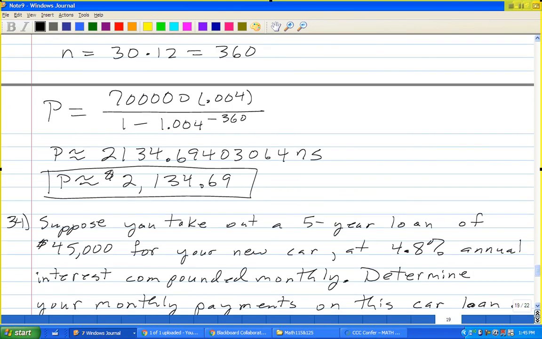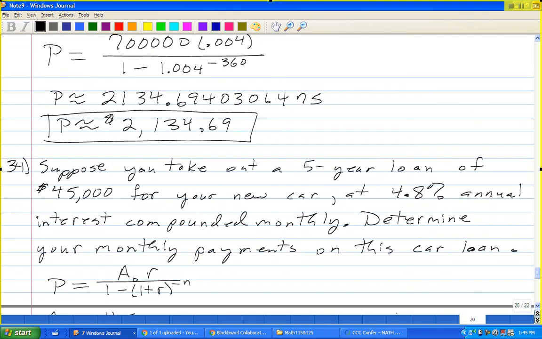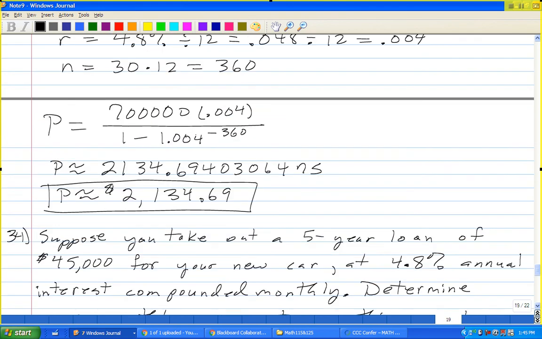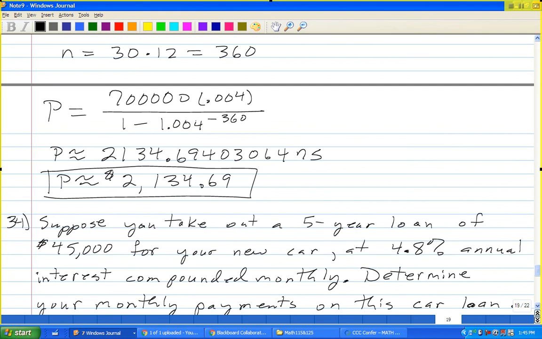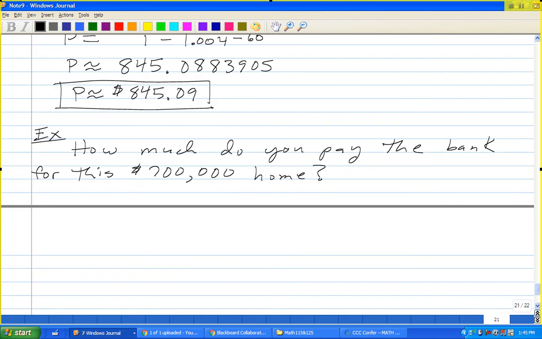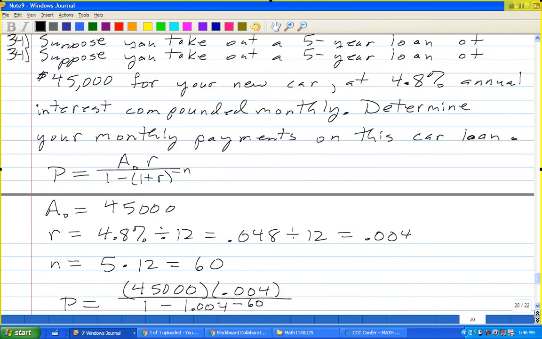Let's look here. You paid this amount here for 360 months. So the total amount that you pay would be how much you pay per month times the number of months. I'll just give the approximate amount.